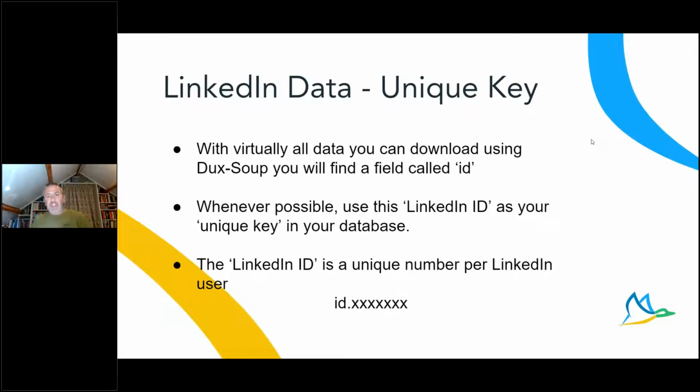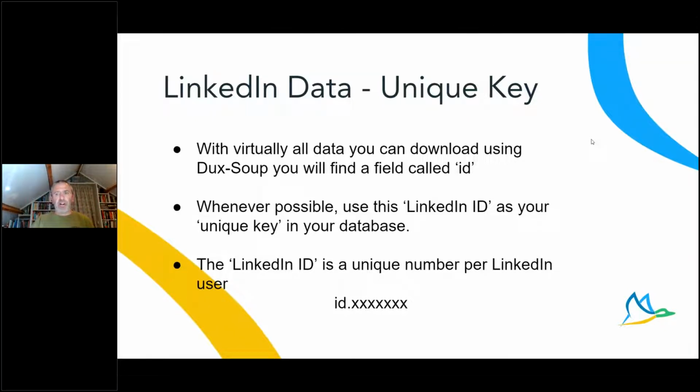When we're talking about data and building a database, though, one of the important things to remember is how do you identify that record in your database? And what you'll find is that when you download your data, and we can show you this in the next slide as well, you'll notice that every line also has what we call an ID. We can use that as your unique key within your database to help you find the data.